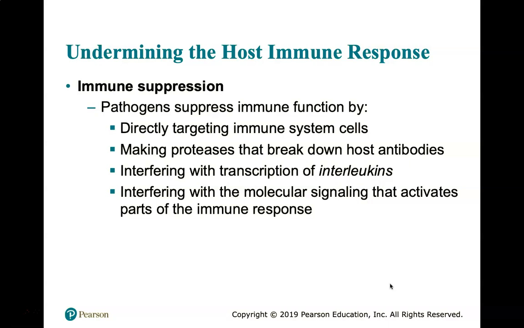Antibodies, which are these proteins that we make to attach to antigens, have several functions. One of the functions is when they attach to antigens, they make the pathogen look bigger, because remember, bacterial cells are much, much smaller than our cells.